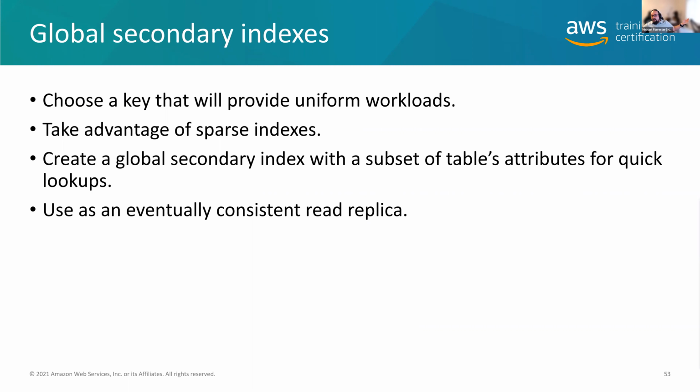Don't project everything in the primary table up to the global secondary index, especially if you're not running queries against it. Create it with a subset of the table's attributes for specific queries inside your application. You can create up to 20 global secondary indexes against the table, so there's no reason not to be judicious with this. It's not going to cost you anything other than storage, which could get costly, though typically storage is cheap. So just be mindful of that.